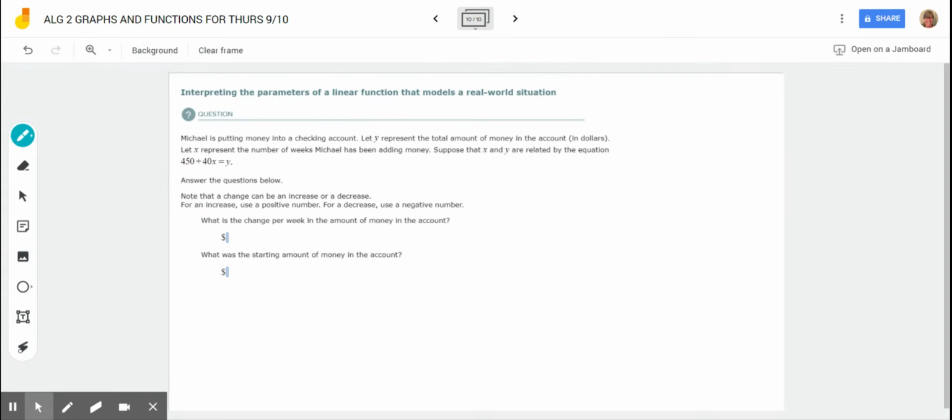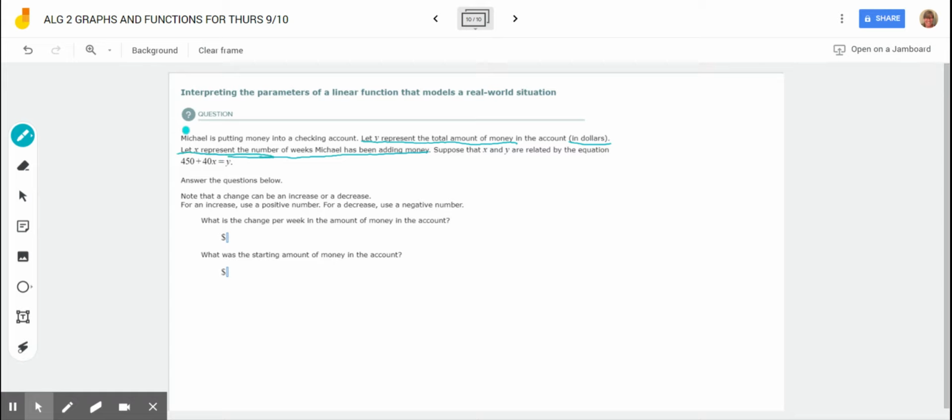We are looking at the parameters, basically looking at like the limits in a linear function that models a real world situation. So Michael's putting money into a checking account. Okay, let Y represent the total amount of money in the bank in dollars. Let X represent the number of weeks Michael has been adding money.